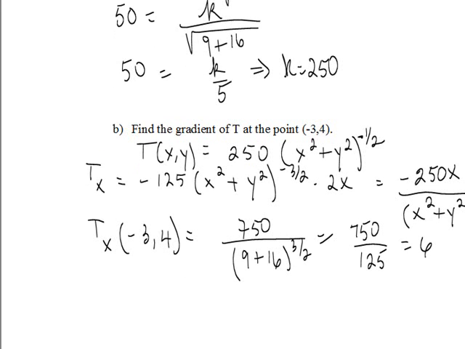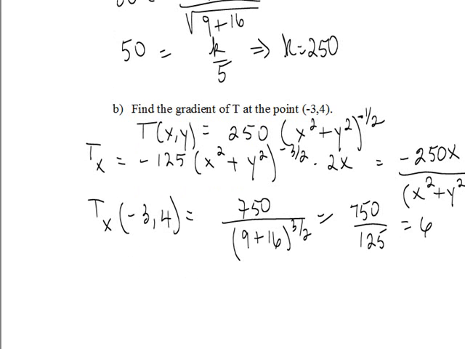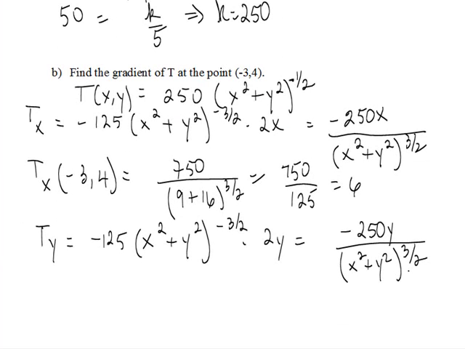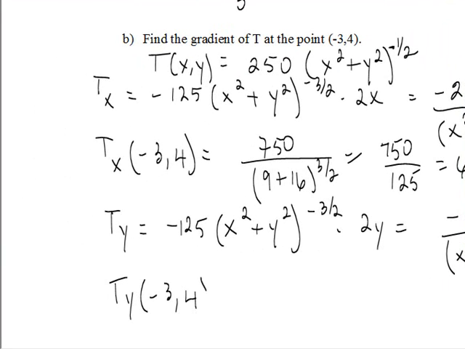Now with respect to y, so again that's -125 times (x squared plus y squared) to the -3/2 times 2y, which is -250y over (x squared plus y squared) to the 3/2 at (-3, 4).